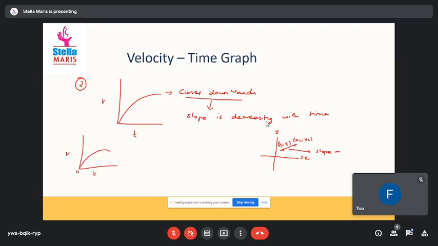Let's say this is 0 meter per second and this is 5, this is 10. The velocity first increases, 5, 10. And when acceleration is decreasing, the change in velocity decreases.